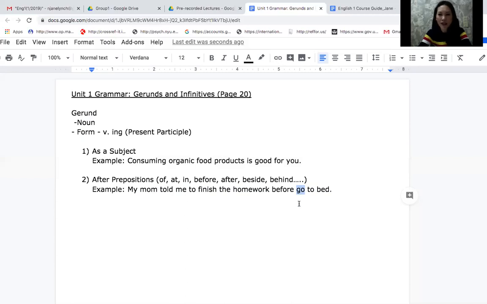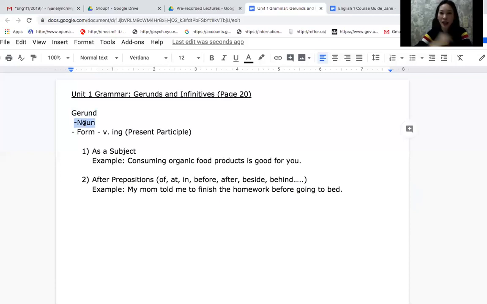How can we change this verb into a noun? To make this preposition before happy, because this preposition needs a noun, we can add ing to this verb. So just change it into a gerund. So we change a verb into a noun by adding ing. That's why we say a gerund is a noun.